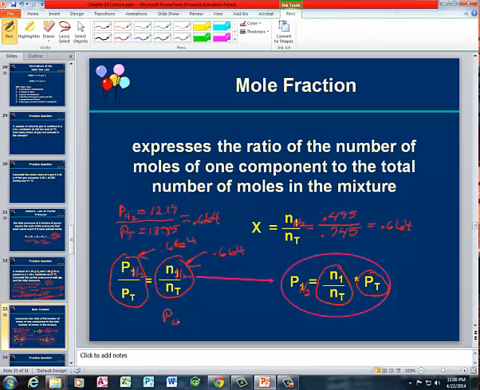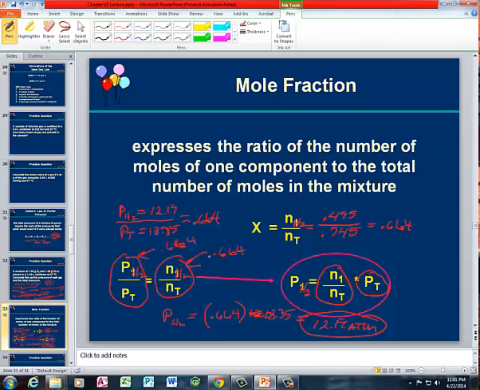The partial pressure of H2 is equal to the mole fraction, which we calculated as 0.664, times the total pressure, which we calculated earlier as 18.35 atmospheres. If I take 0.664 times 18.35, I get 12.19, which we did calculate as the partial pressure of hydrogen in that mixture of gases.